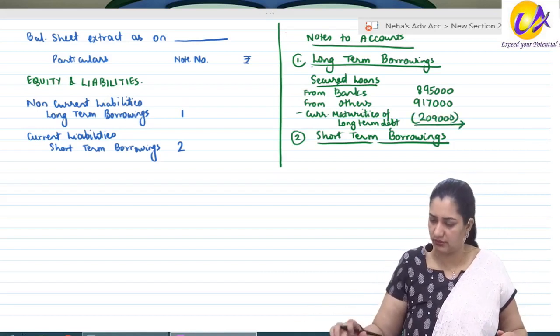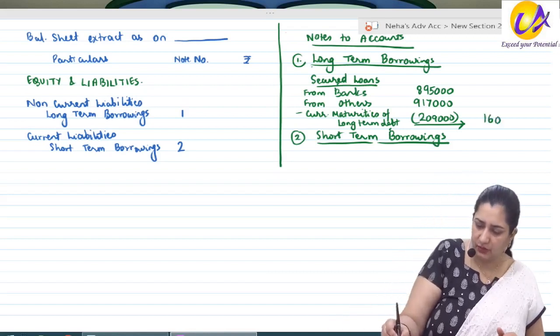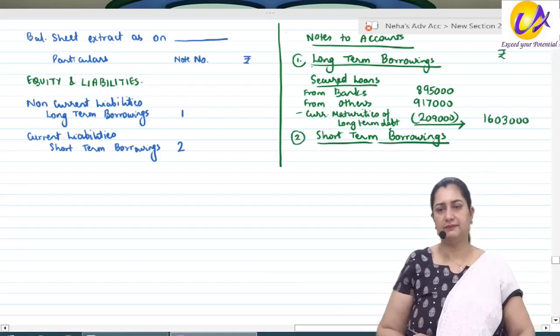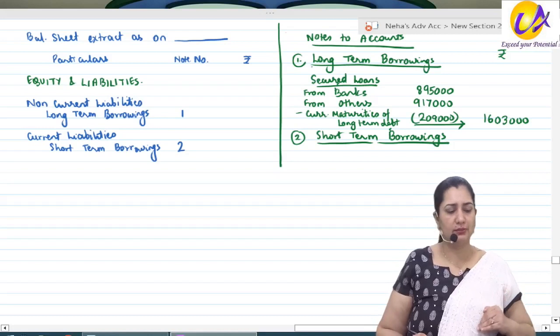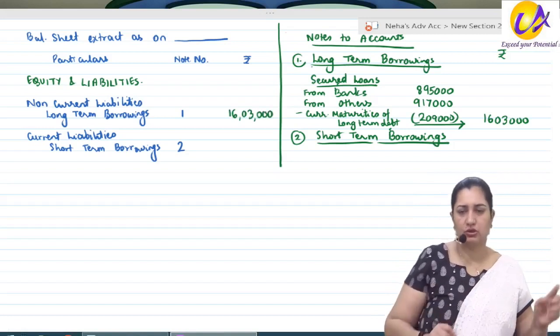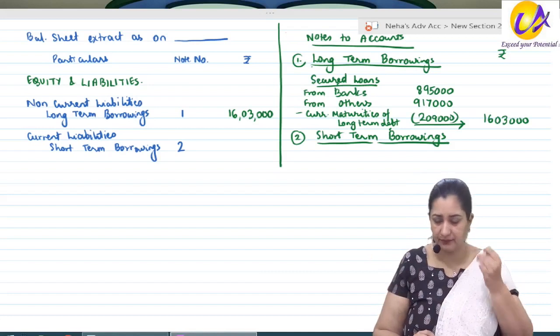Calculate. So 16,03,000 is your long-term borrowings. You write it in your balance sheet extract. So note number 1 and details of that note we have given here.